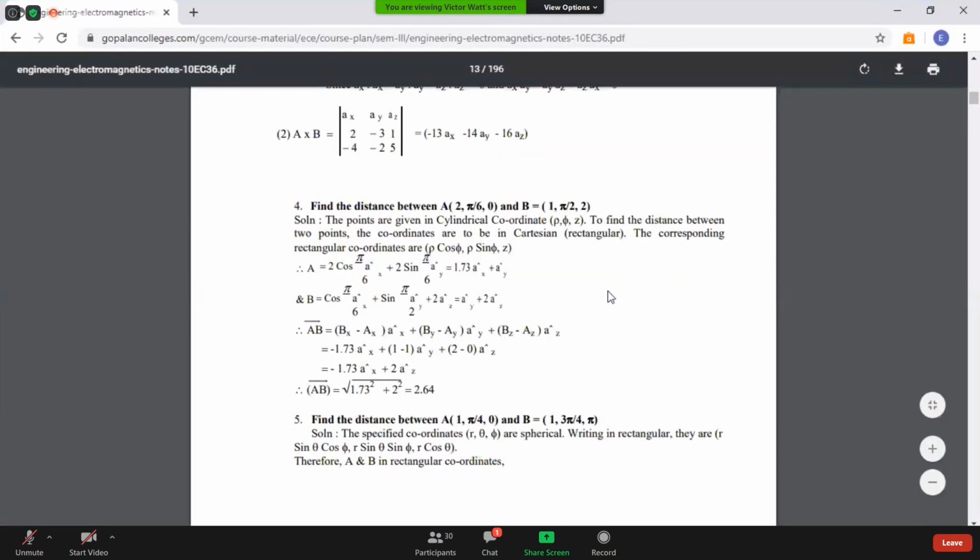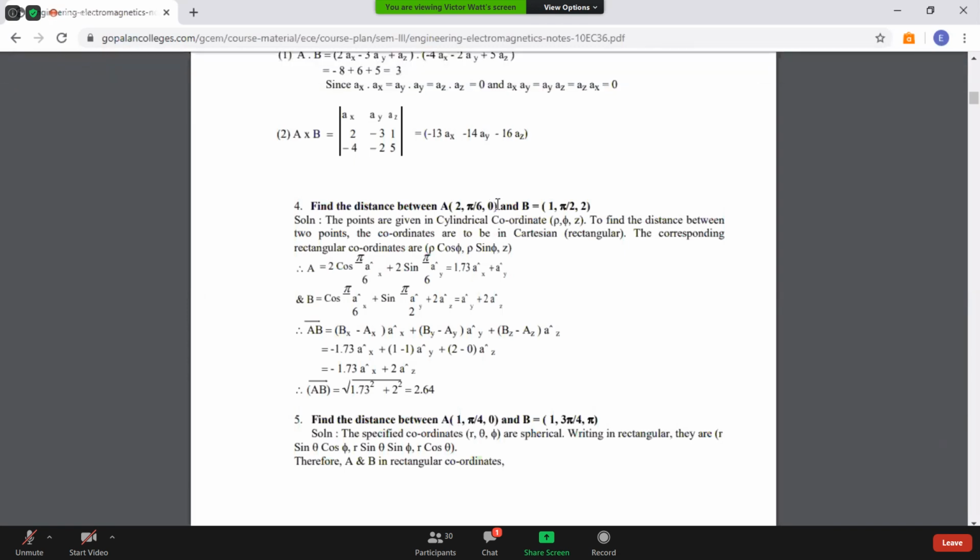we are saying now that you want to find the distance between A and B, but this is in cylindrical. So the first thing you have to do is to convert the coordinates in the cylindrical to Cartesian, because that's the only way you can find it.